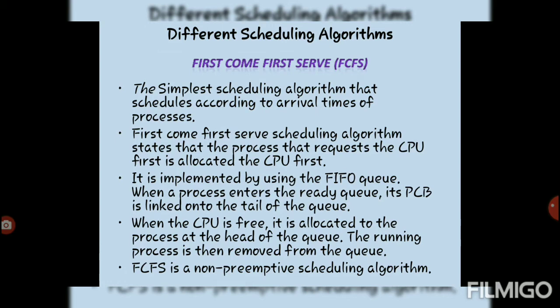So in which order it has come, the same order it will be served. So that is called first come first serve. I hope you understand. This can also be called FIFO, first in first out. The one which has arrived first will be out first. The one which has arrived second will be out second. The one which has arrived last will be served the last and will be out the last.